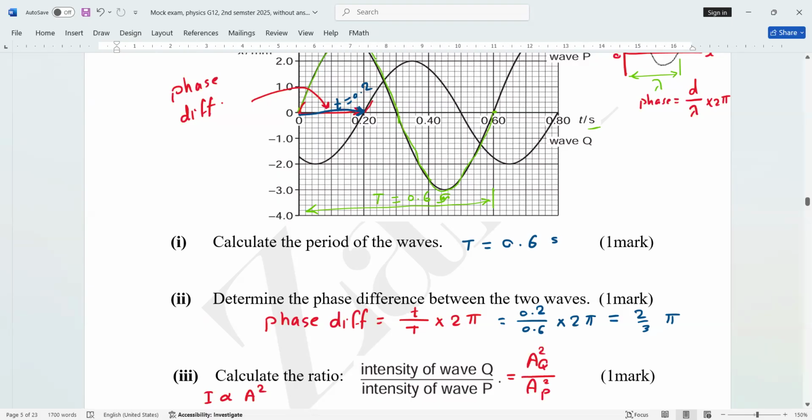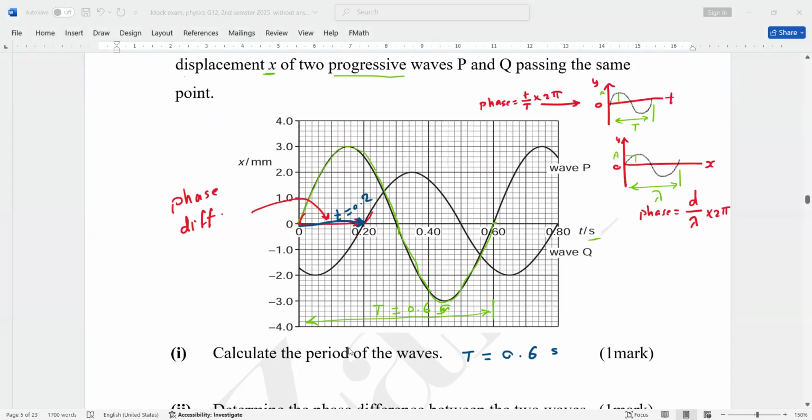Let us see from this figure here. The green one is B. The amplitude of B is 3 millimeter. The amplitude of Q, this is Q, is 2 millimeter.